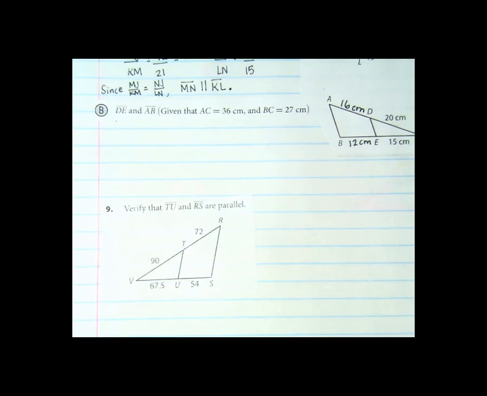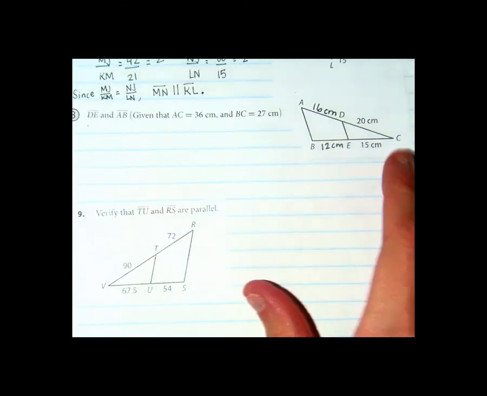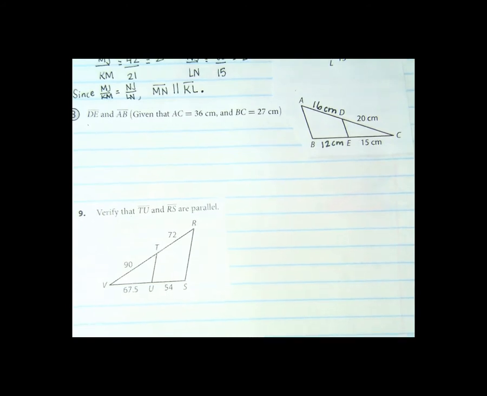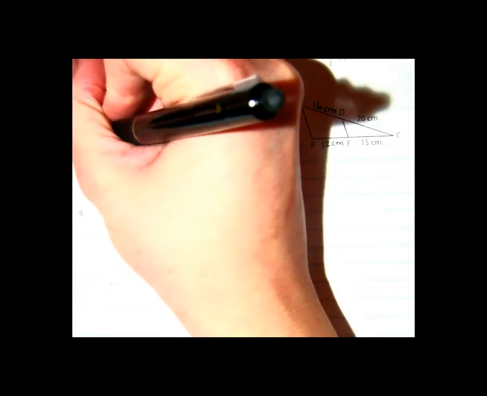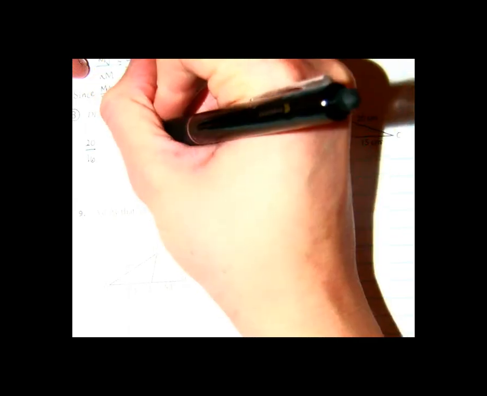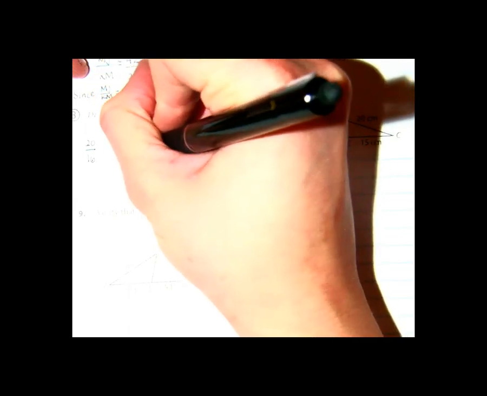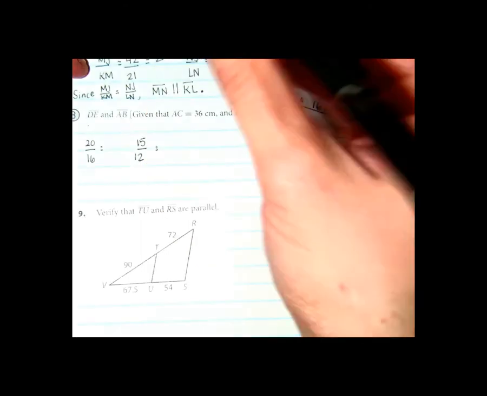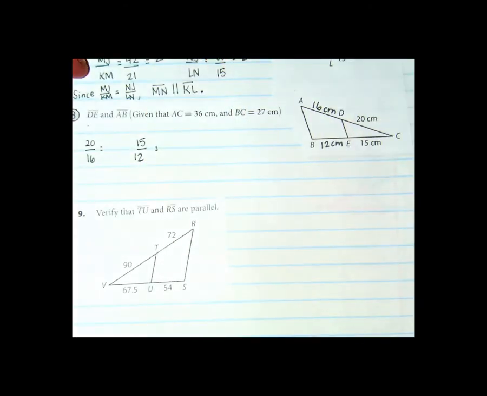Alright, letter B, after we found these pieces, what did you guys set up to determine if they were parallel or not? Okay, 20 over 16 and 15 over 12. What did those reduce to? 1.25?